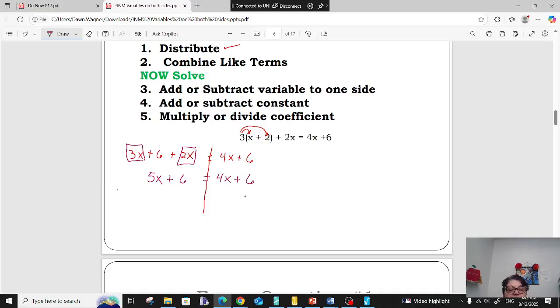Okay, now I'm going to deal with the variables first. I'm going to add or subtract the variable to one side. When I do these problems, I always try to keep my variables positive, so I usually will add or subtract the smaller one over.